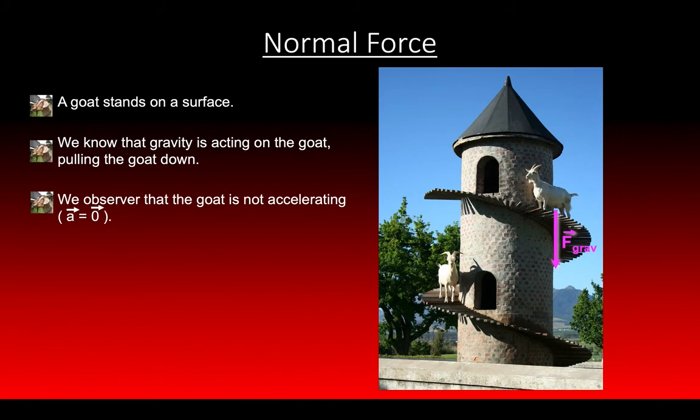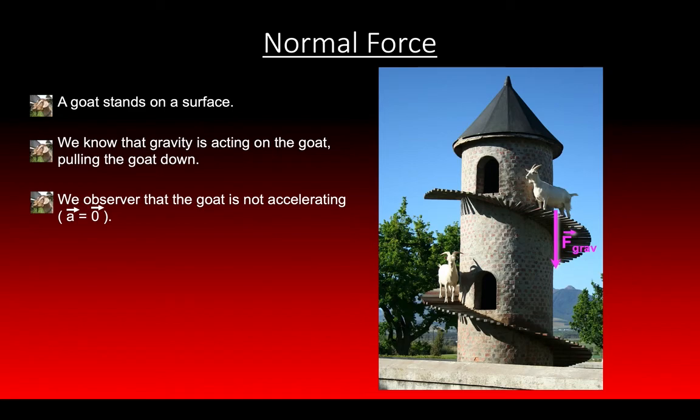Now we make an observation and we look at the goat and we say the goat is not really accelerating. It's just standing there. I think back to Newton's second law, F net equals ma, and I say because gravity is pulling the goat down, but I also see the goat not accelerating.